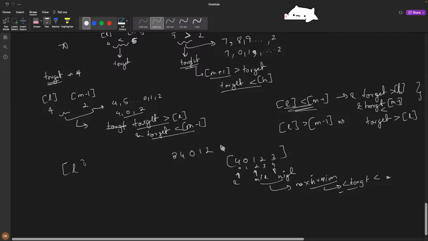Anyhow, the value of low should be less than or equal to mid, and it should be less than or equal to high. But here in this case, low and mid, our mid is greater. Sorry, the mid is smaller. There's an inversion.